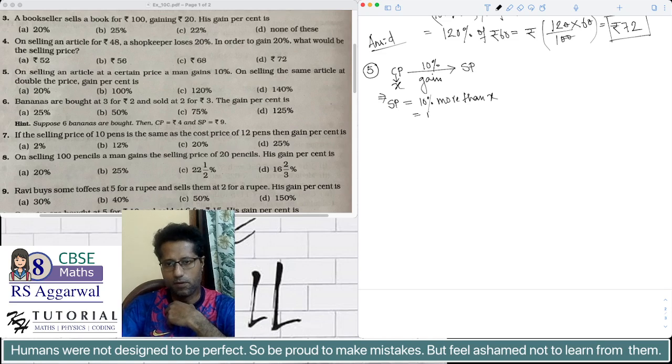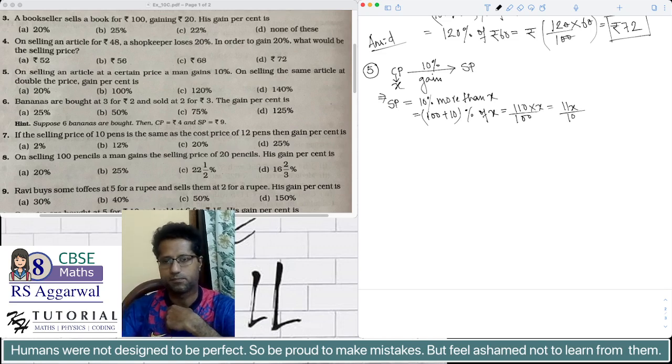This is equal to 100 plus 10 percent of X, which is equal to 110 divided by 100 multiplied by X. This is equal to 11X by 10. This is the SP when there is a gain of 10%, where X is the cost price.